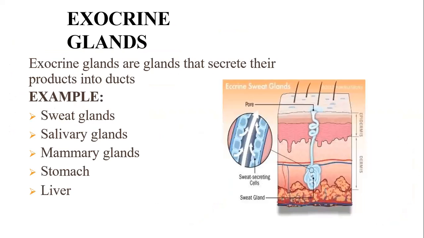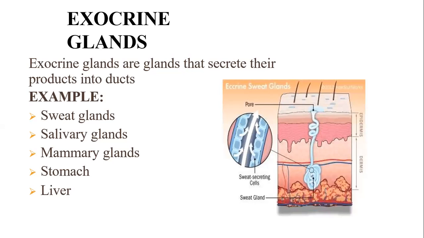So exocrine glands are the glands that secrete their products or secretions into the duct. So you can say these are ducted glands. Example sweat gland, as you can see in the picture, it is shown the figure of sweat gland.